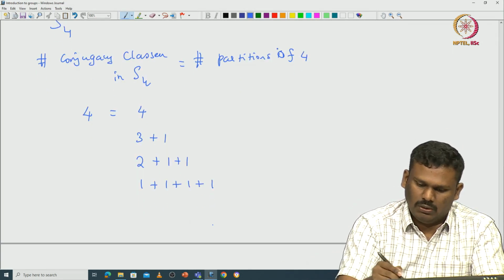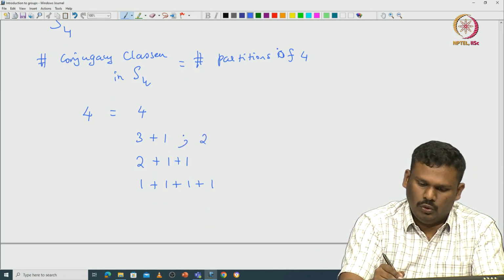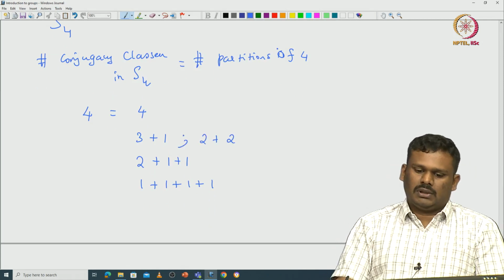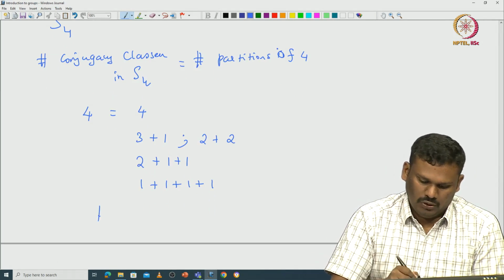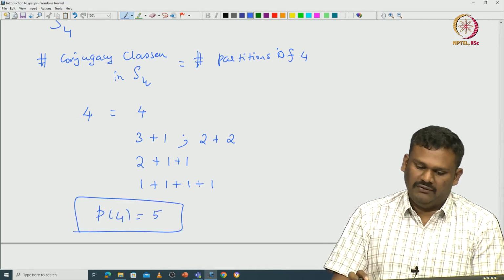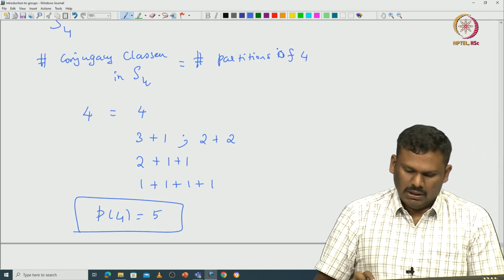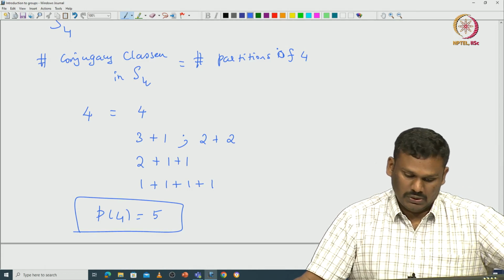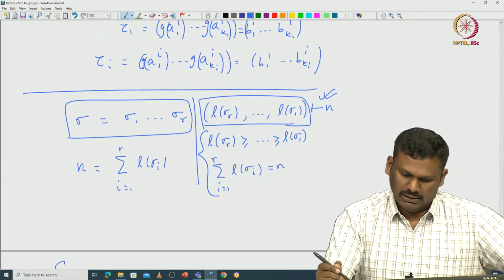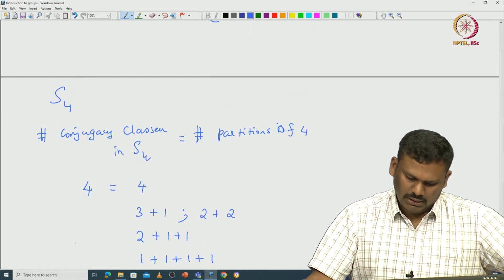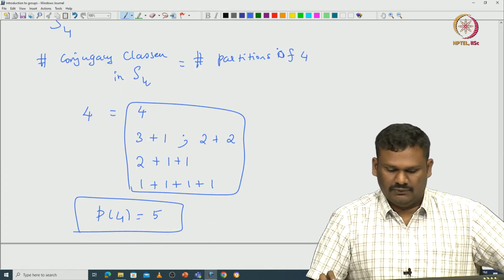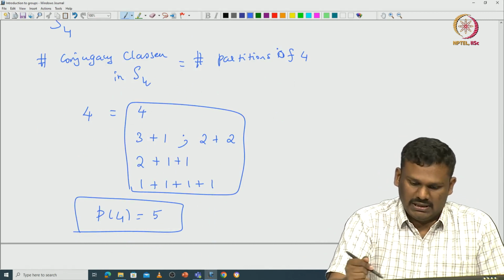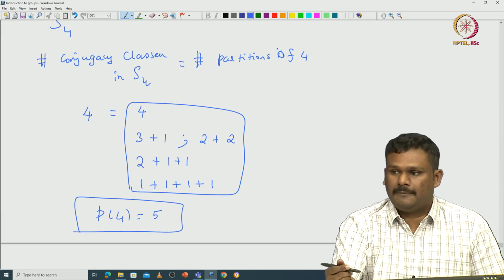There is one more partition, which is 2 plus 2. So if you take partitions of 4, you get exactly 5 ways of partitioning 4. As I said before, it grows exponentially with respect to n. And it is easy to determine representatives for each conjugacy class once you know the cycle type.